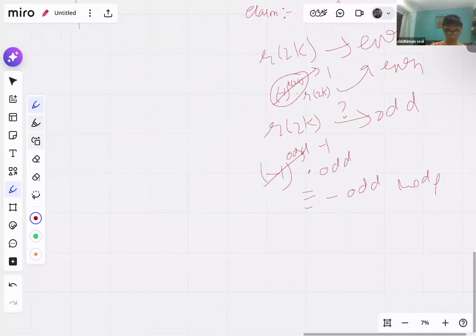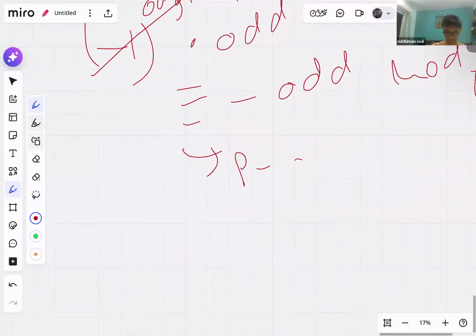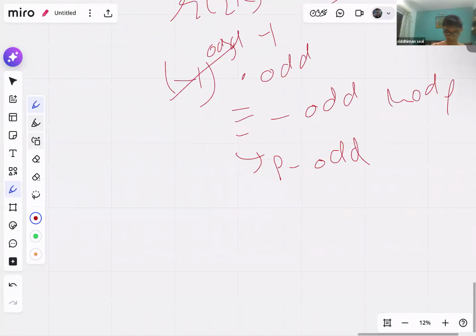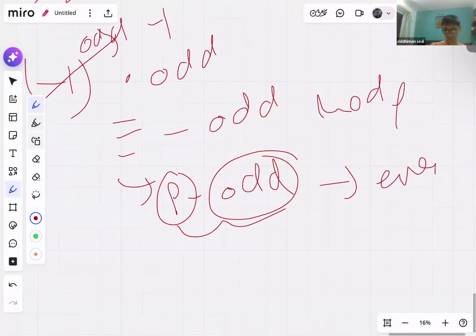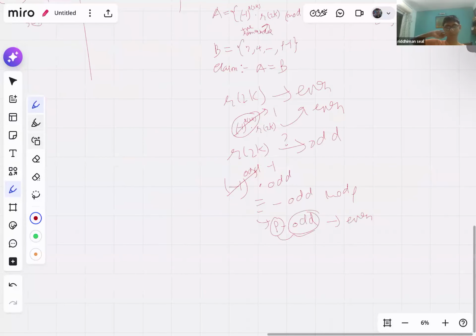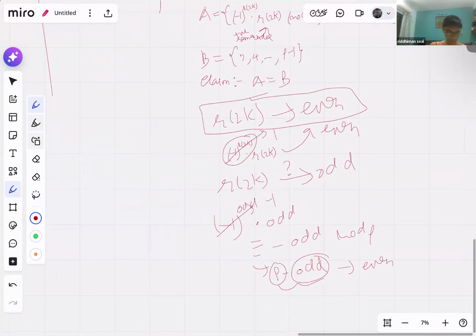But the idea is that we look at positive remainders only. So this will become p minus the odd thing. And now this thing is even, because p is odd and this is also odd. So this is a very genius way of taking something which may not be even and making it always even, right?